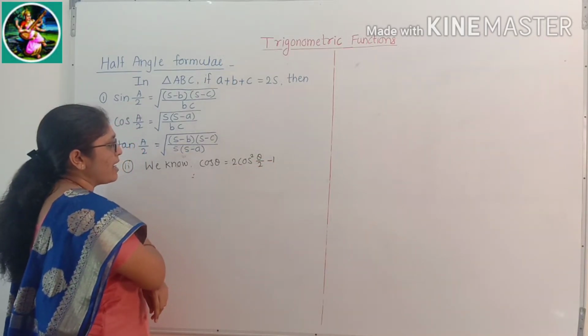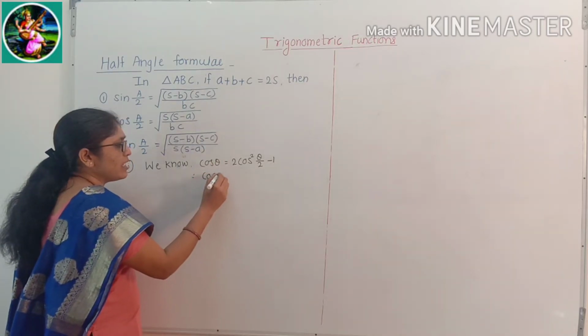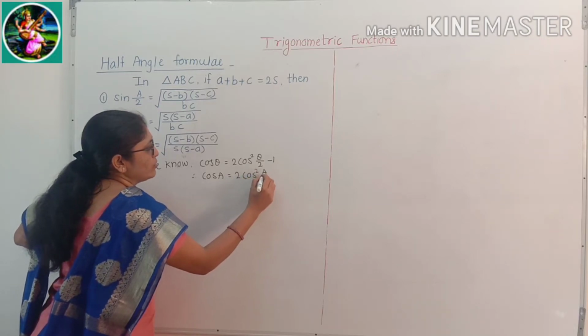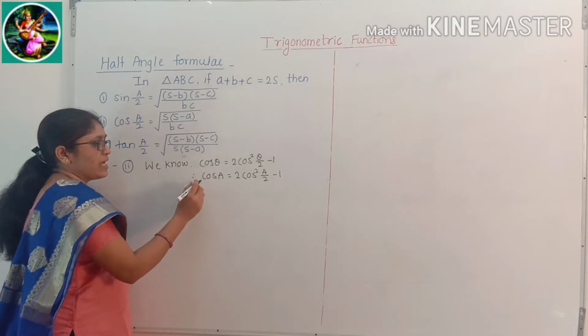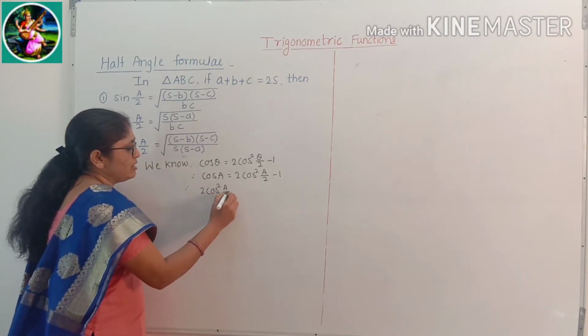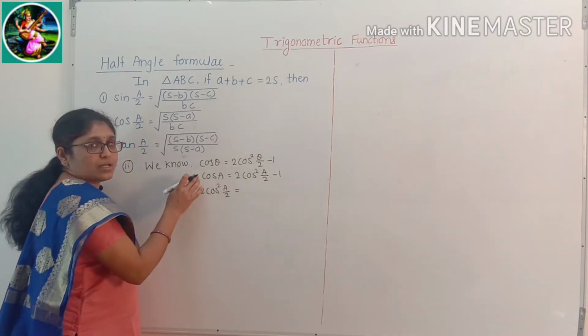Therefore, for angle A, we write cos A is equal to 2 cos square A upon 2 minus 1. Okay, therefore 2 cos square A upon 2 is equal to, we take the minus 1 to the left hand side.